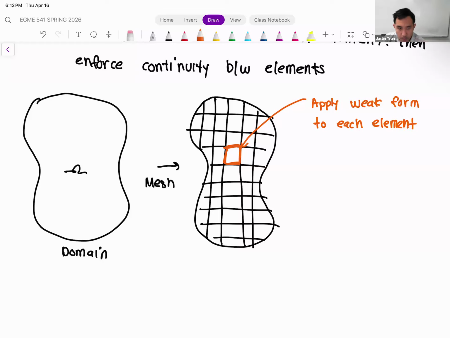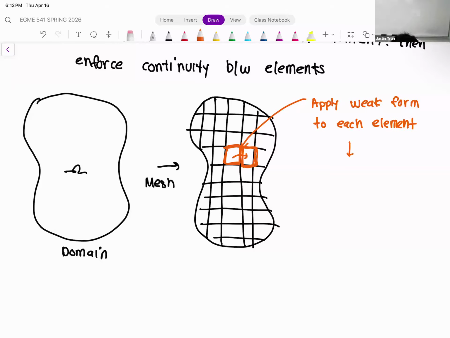But then to make sure that we're actually solving our problem, we're going to enforce rules of continuity so that when you go from one element to the next, our solution is nice and smooth and satisfies all of our conditions for continuity.